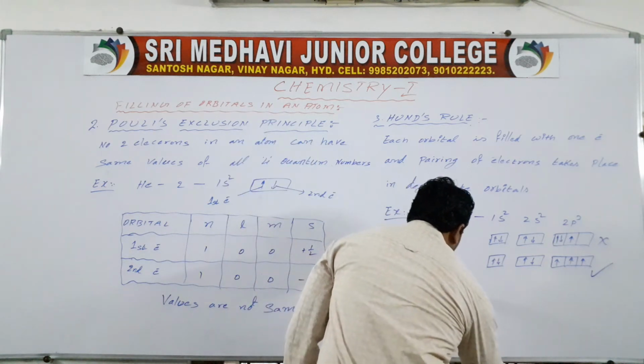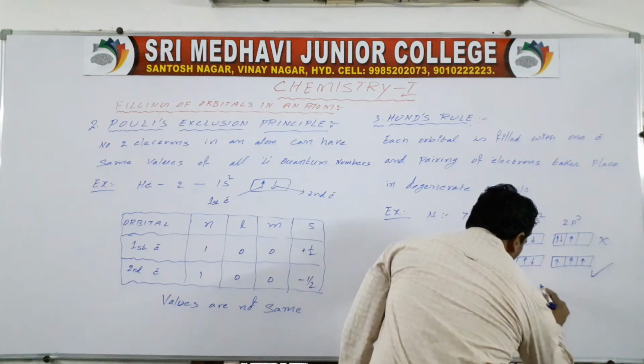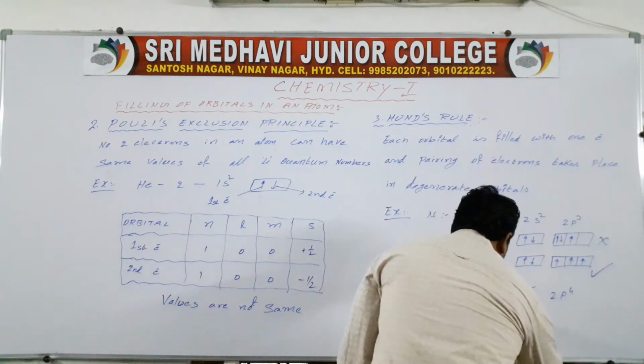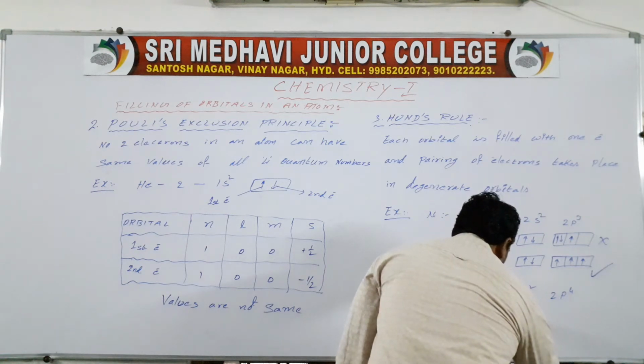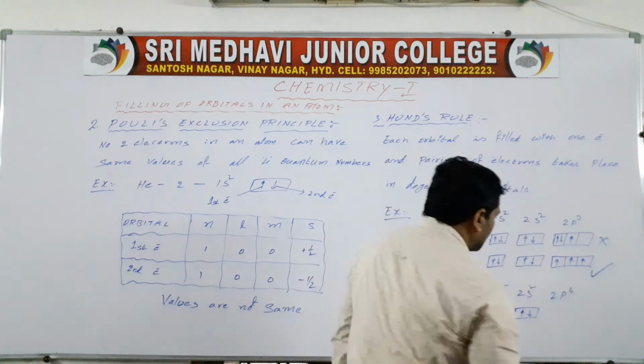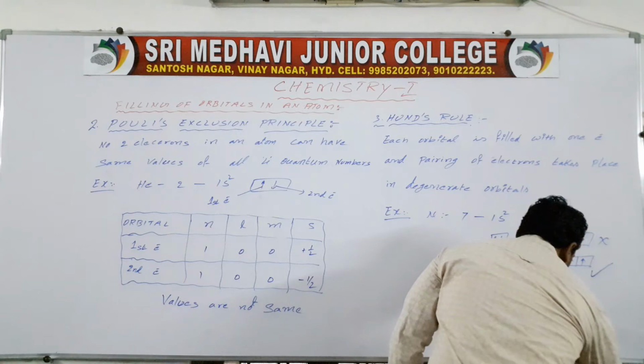We may take oxygen, atomic number 8, 1s2, 2s2, 2p4. Here how many electrons? 2. In 2s, 2. Next 2p, 4.